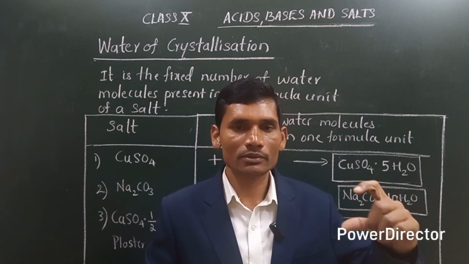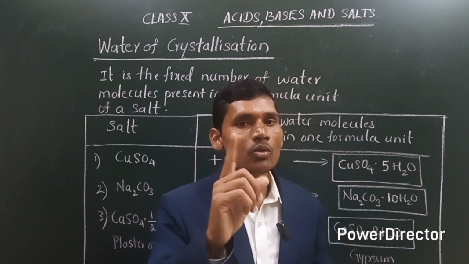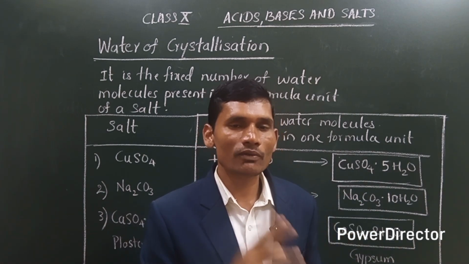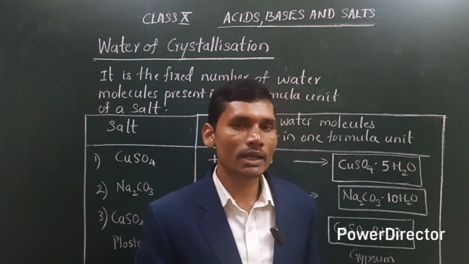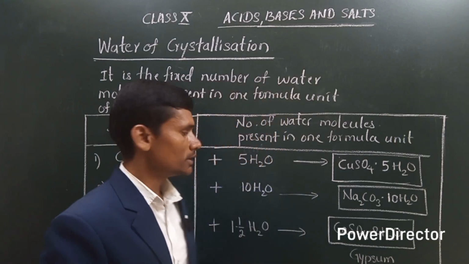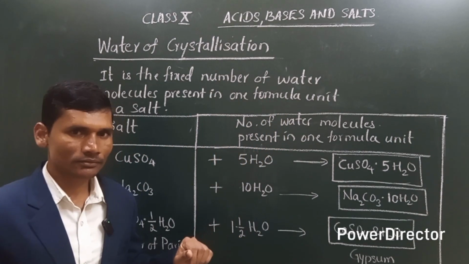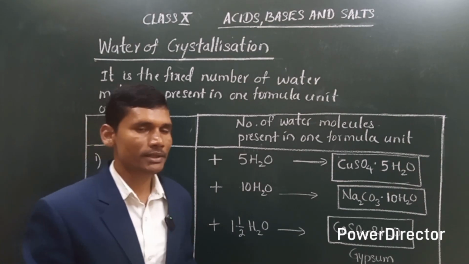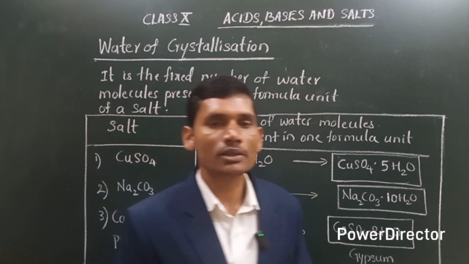It is not possible. Both are sharing one water molecule there. That is why it is shared between two molecules, for two formula units. Because of that, it is taken as half. Okay, half means one water molecule is shared by both formula units of crystals of that sulfate.